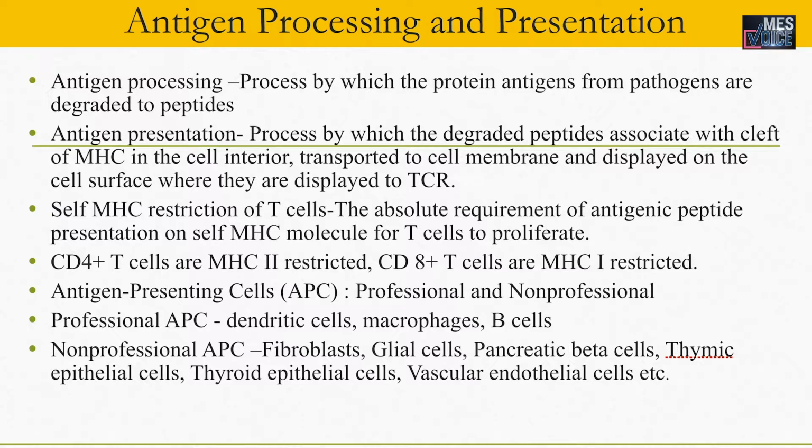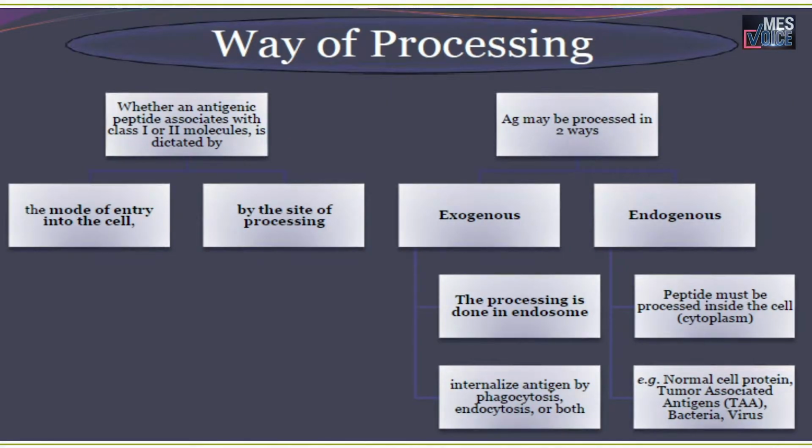Non-professional APCs include fibroblasts, glial cells, pancreatic beta cells, thymic epithelial cells, thyroid epithelial cells, vascular endothelial cells, etc. There are two important pathways associated with antigen processing, the exogenous pathway and the endogenous pathway.